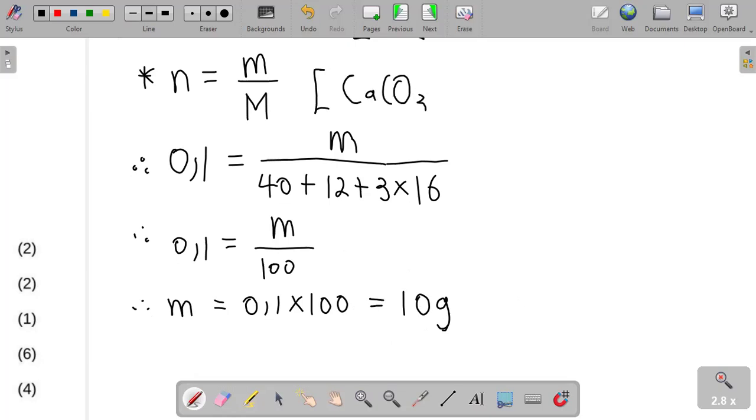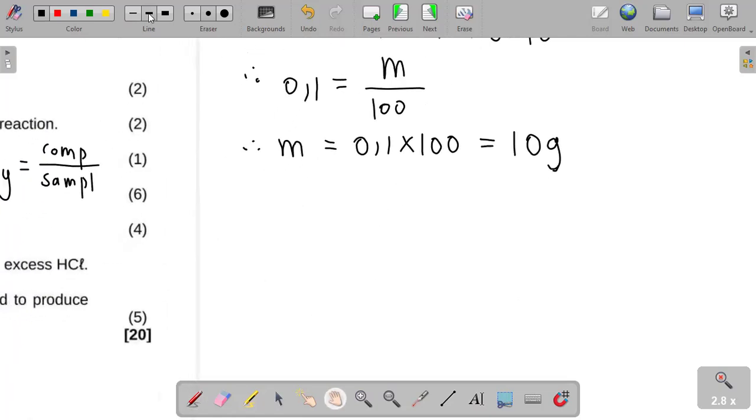The percentage purity that they're looking for is for calcium carbonate. So that's why we had to find the mass of the compound that they are looking for here. See? Then after that, that's when we can find the percentage purity.